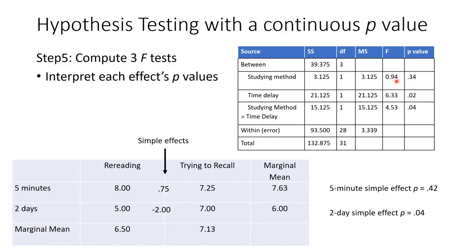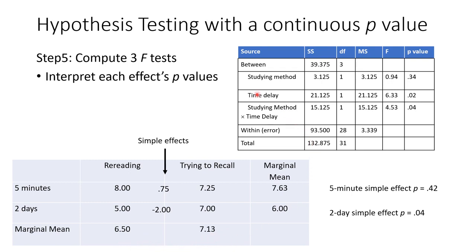So this F value is not very compelling, and that's reflected by the p-value that it generates. A p-value of 0.3 is not very compelling. So that's telling you that this difference between these two marginal means is very likely to have occurred due to sampling error, or certainly there's not compelling evidence that these two studying methods generated different test scores.